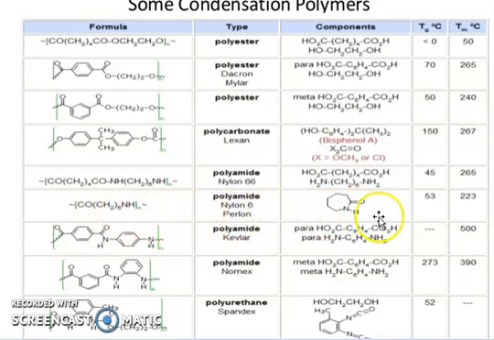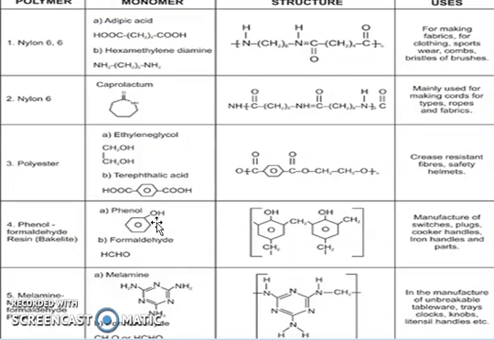This is nylon 6. This is caprolactam, its monomer unit. Kevlar is also a polyamide, and this is an example of polyurethane, with these monomer units. So these are some examples of condensation polymers.